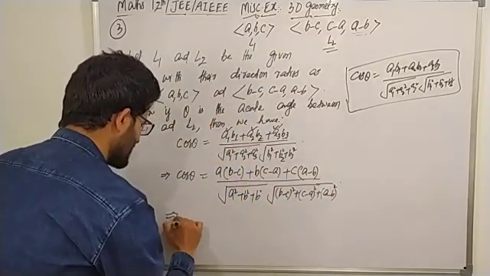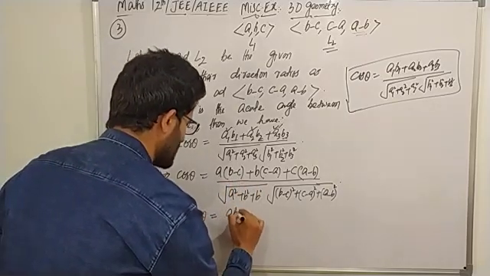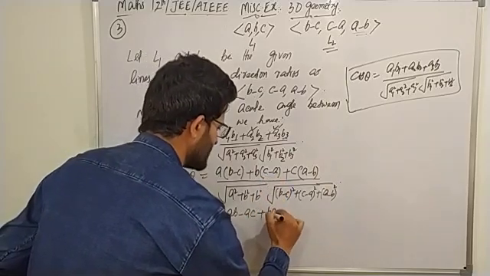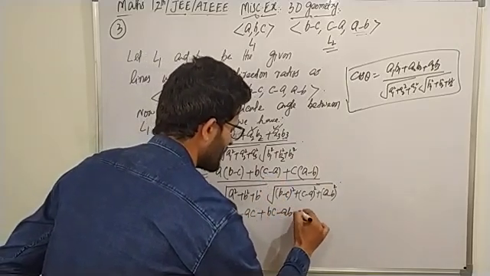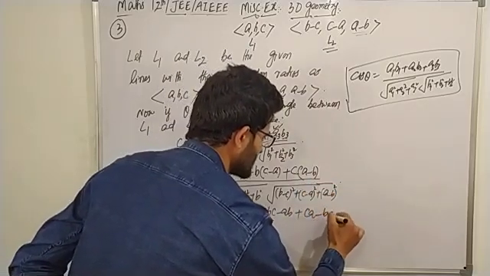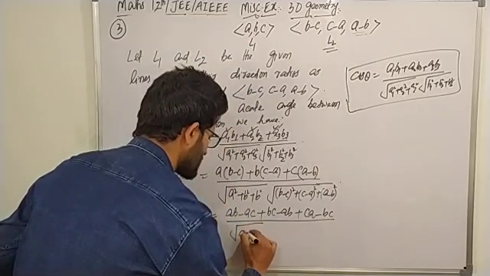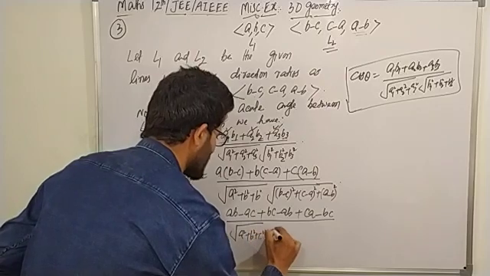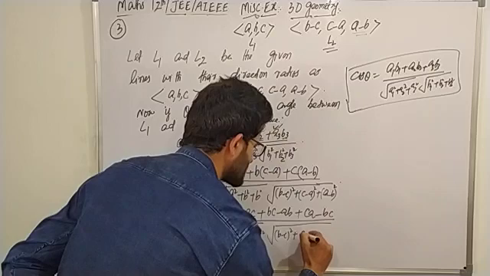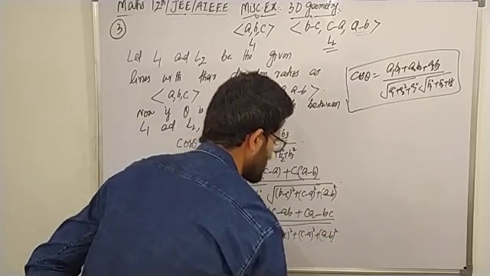So implies cos theta is then equal to A into B minus C, that is AB minus AC, plus B into C minus A, that is BC minus AB, plus C into A, that is CA, C into minus B, that is minus BC, divided by square root of same thing, that is square root of A square plus B square plus C square into square root of B minus C square plus C minus A square plus A minus B whole square.